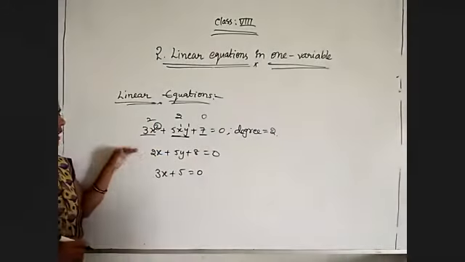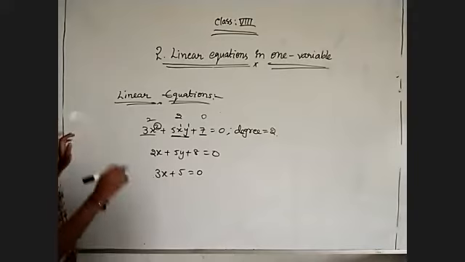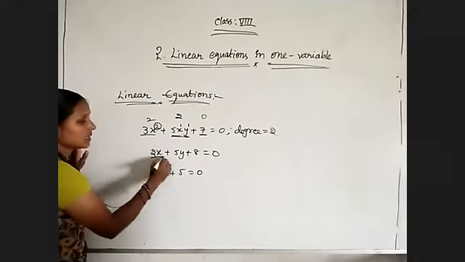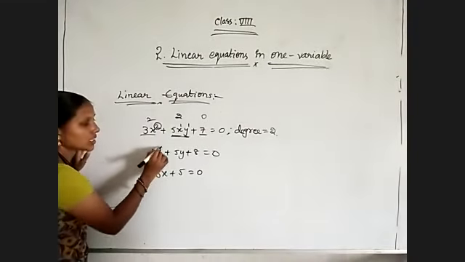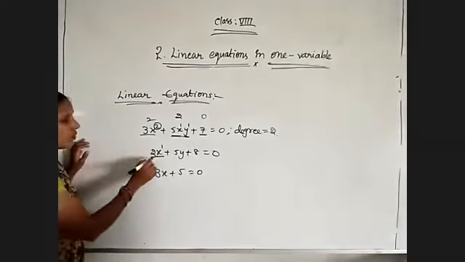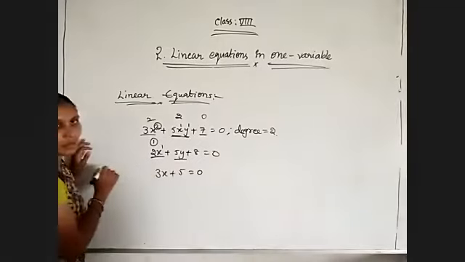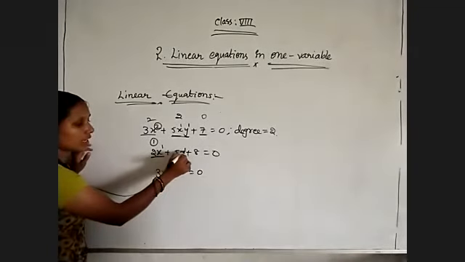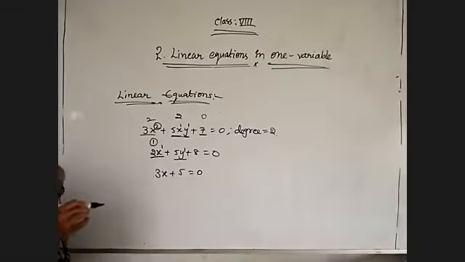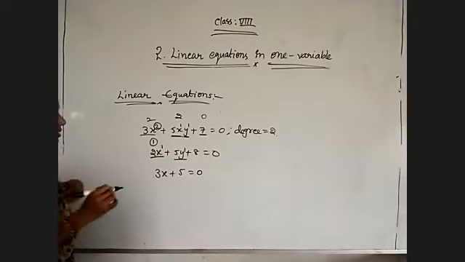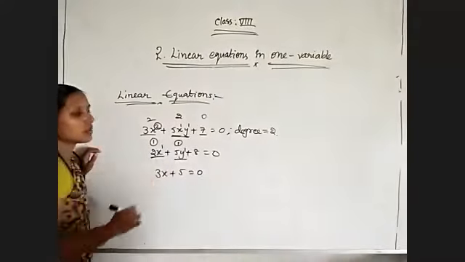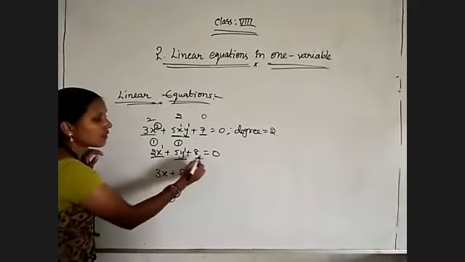Then coming to the next equation. 2x: here only one variable is there and the power is also 1. So for this term 1 is the degree. And coming to the second term, 5y, only one variable y is there and its degree is also equal to 1. And the third one is the constant term.